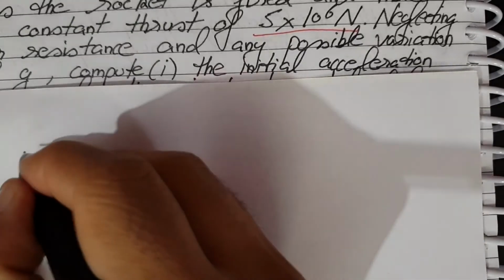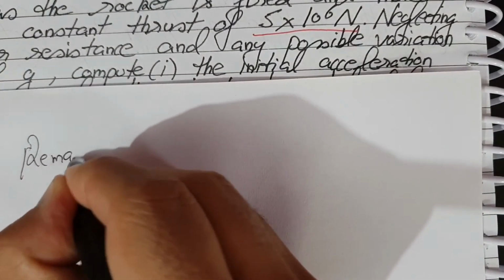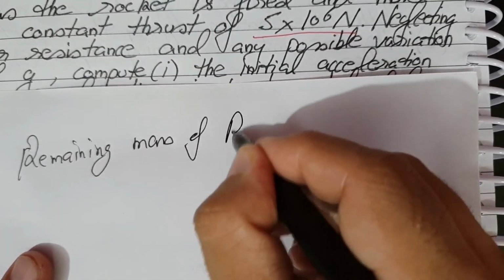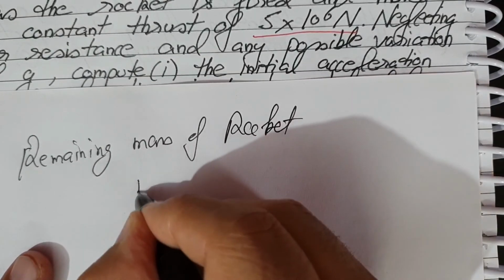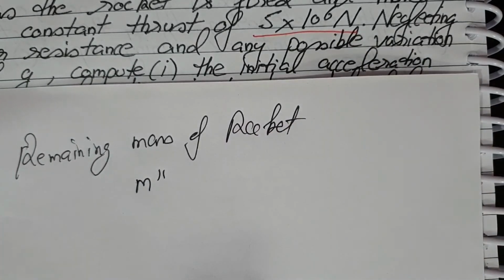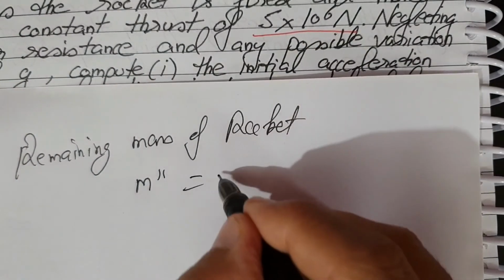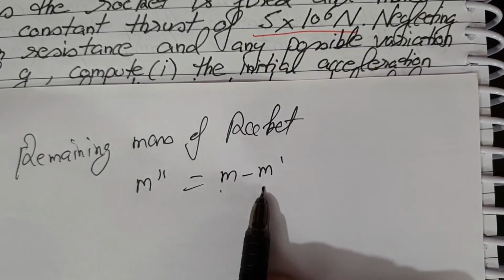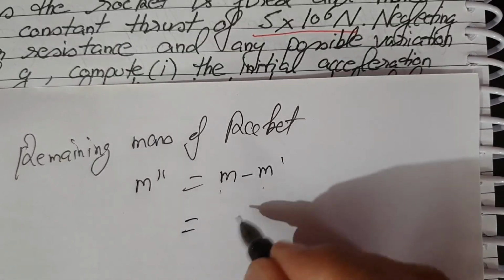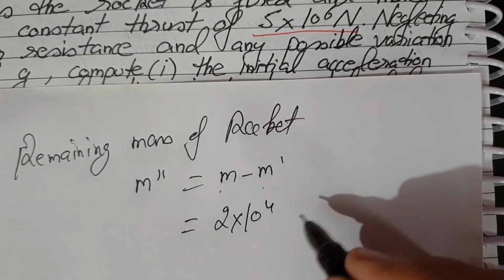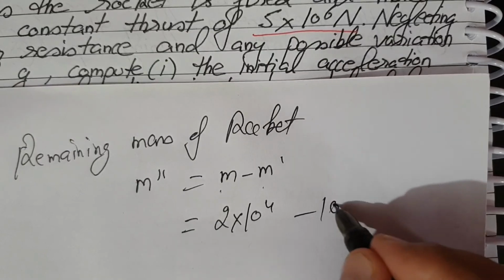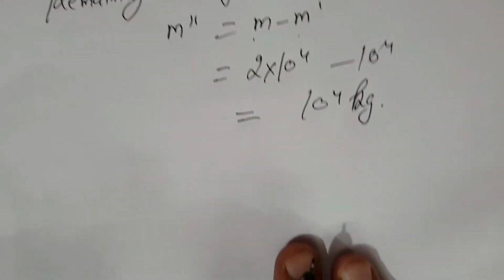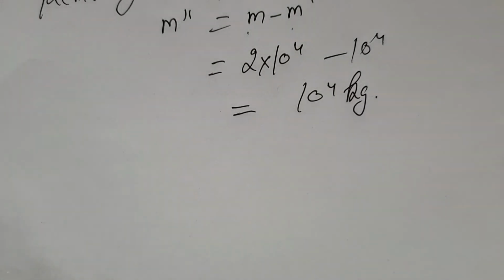The remaining mass of the rocket, take this as m double dash, which is equal to m minus m dash, meaning mass of rocket minus the mass of the fuel, basically which is 2 × 10⁴ minus 10⁴, which will give you 10⁴ kg as the mass of the rocket when the fuel has been completely exhausted. But the upthrust is the same.